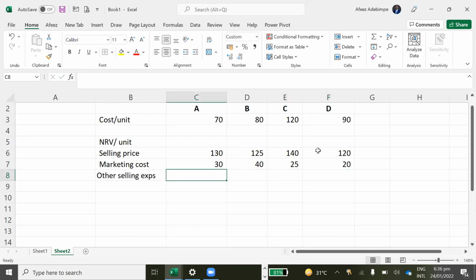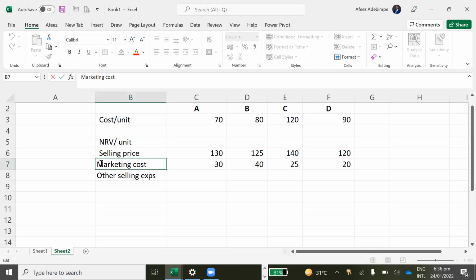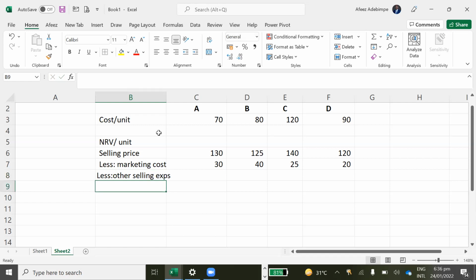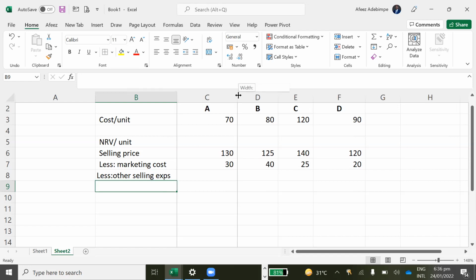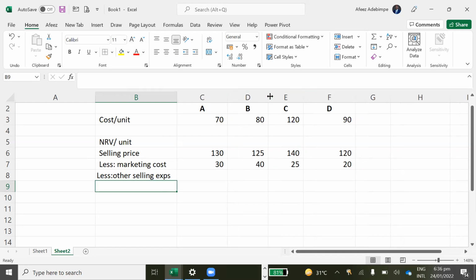Do not forget less marketing cost. Very important. Marketing cost in this case is just like what I call cost to sell, less other selling expense. Because before you can sell, you need to incur all of those costs, else you won't be able to sell. So that is what cost to sell is all about.